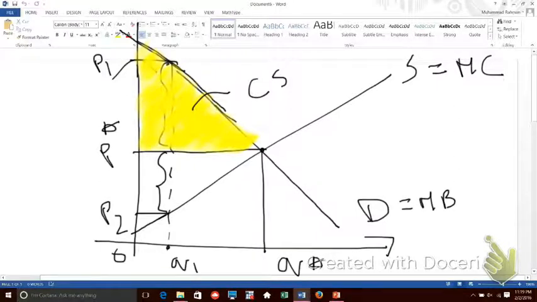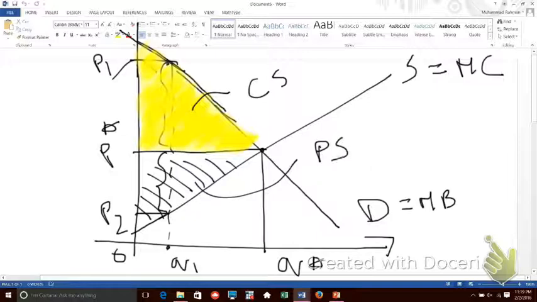If we add up all these individual producer surpluses for the output between 0 and Q star, we will get another triangle, which is below the market equilibrium price and above the supply curve. So this is our producer surplus.